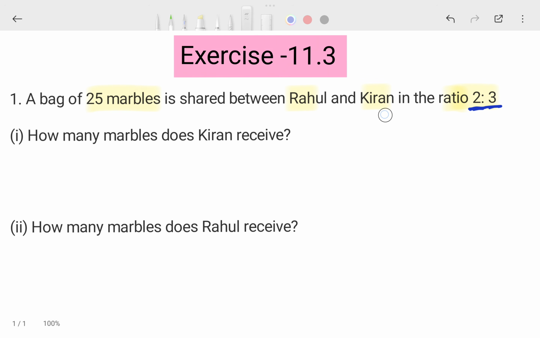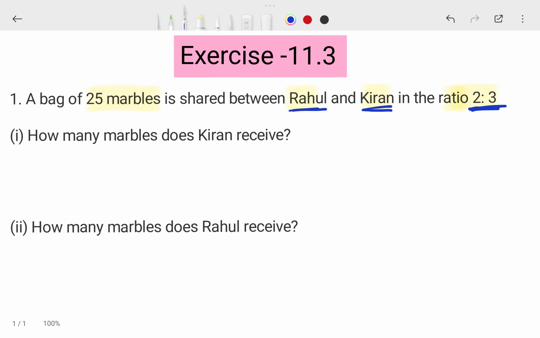So if you want to find the exact number of marbles Rahul has and Kiran has, how will you find it? Here, how many marbles each has is given in the ratio, but to find the particular number, it's very simple.